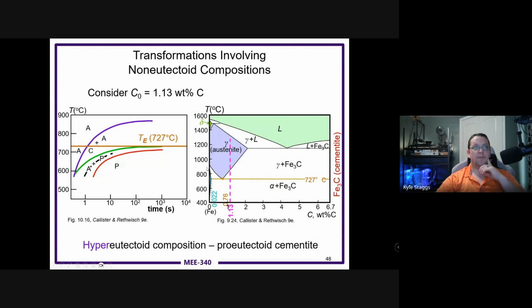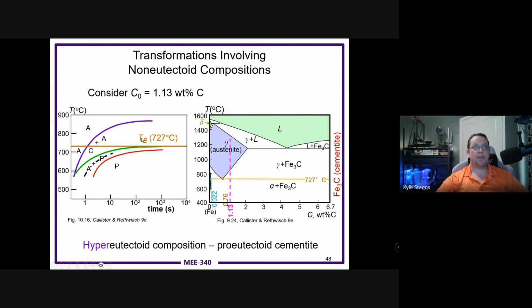It's probably about 850, 860 at that composition. Anything below that temperature, at any amount of time that you spend there, you're going to start to lose some of the austenite, and it's going to start forming this secondary phase, which is the cementite. So as you drop anywhere below that temperature, we start to get cementite in here.